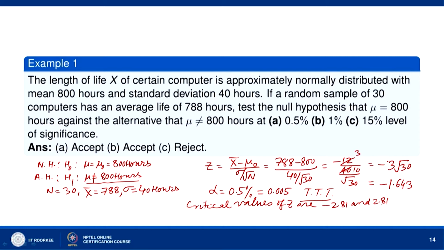Now, this is approximately normally distributed, so we can see here minus 2.81 and plus 2.81. This is the critical region, the region of rejection, with alpha by 2 on each side, and this is the region of acceptance, the non-significant region.